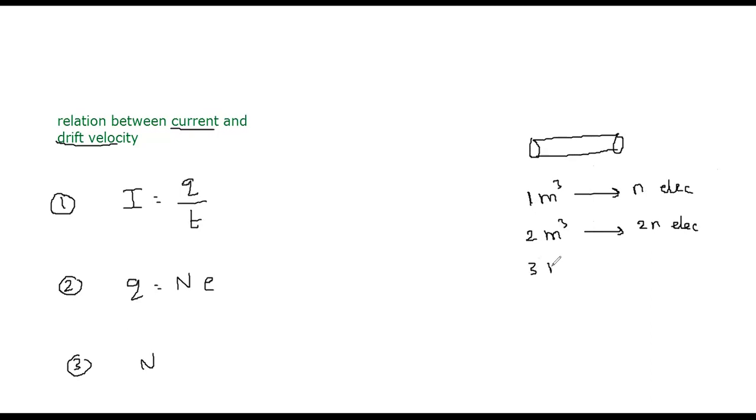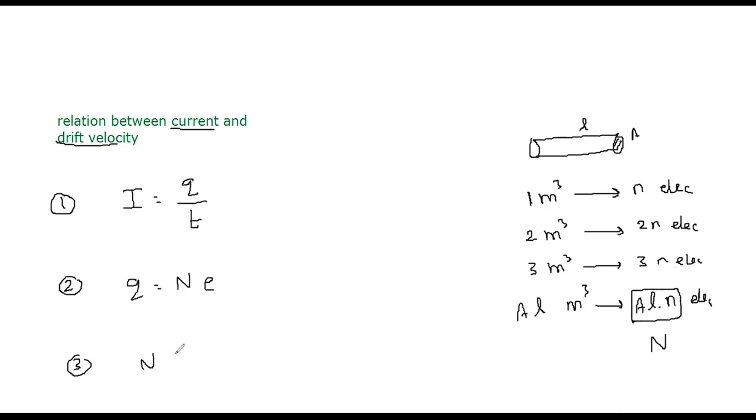For 3 meter cube, 3n electrons, and so on. Can you guess what is the volume of the wire? Area into length. A into L is the volume. For AL meter cube, what is the number of electrons? ALn. That ALn is nothing but the total number of electrons. That is, N is equal to nAL. Clear?